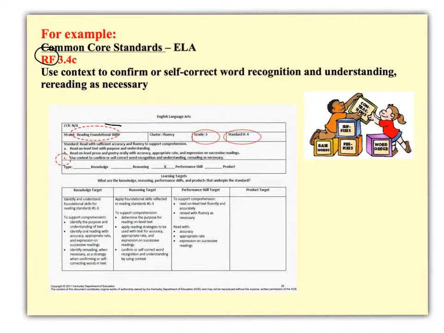RF, Reading Foundation. Grade 3, Standard 4, and I'm saying letter C because C is what I'm going to be addressing in this lesson plan.